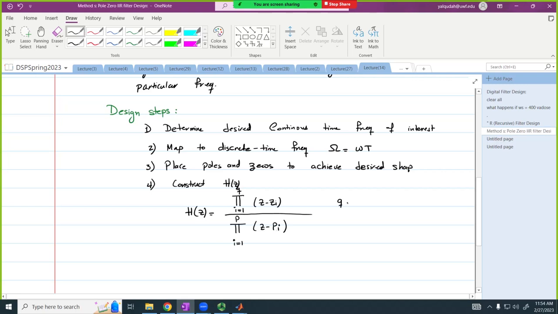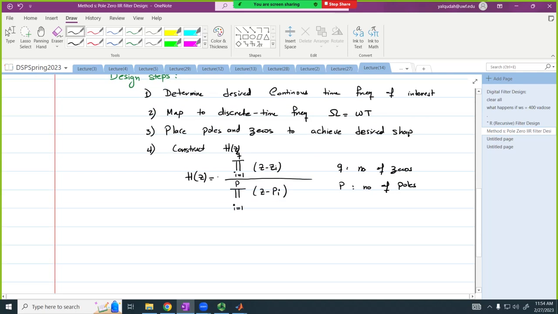So we have Q zeros, and we have P number of poles, and Zi and Pi are the zero and the pole locations.